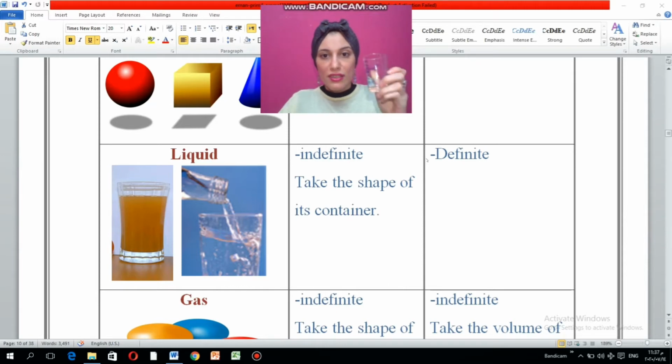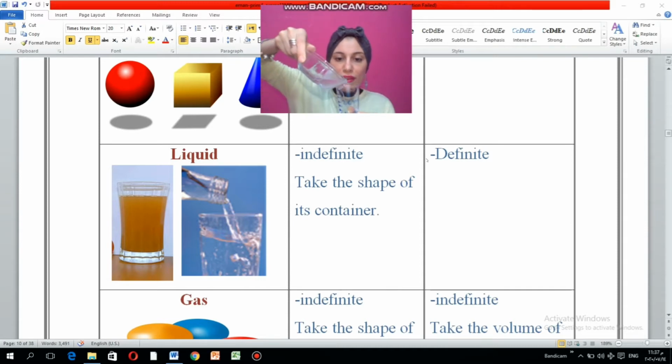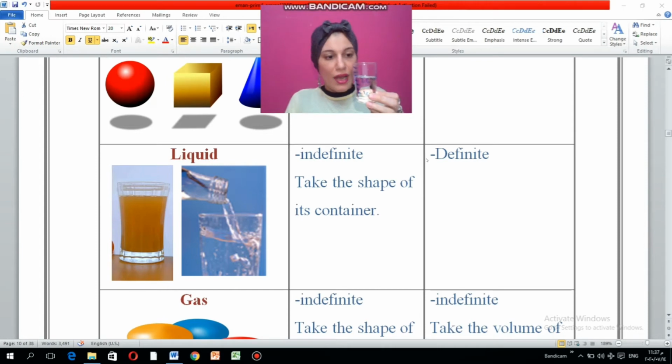Okay, the cylinder you will see in the lab looks like this. If I pour the water in the graduated cylinder, I will read the volume. So will the volume change? No. So it has a definite volume.